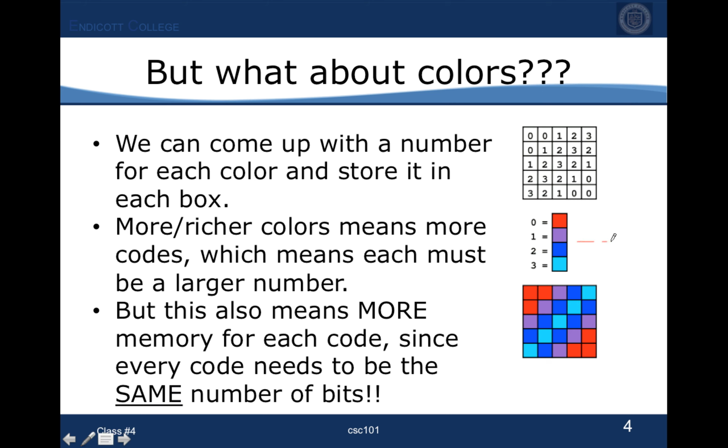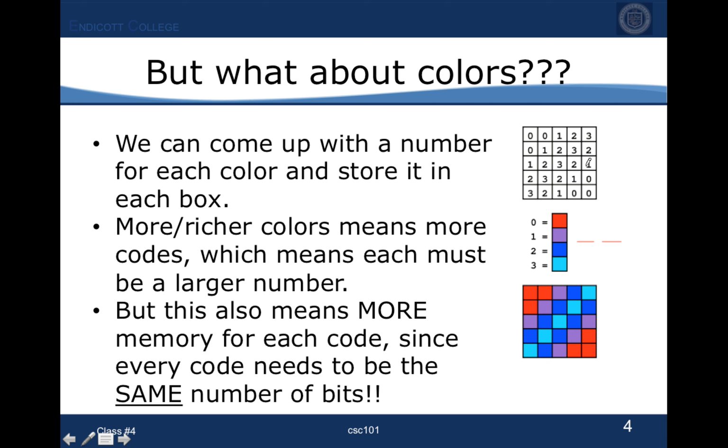I need to be able to represent the numbers 0 through 3. And you might remember, hopefully, that you need 2 bits in order to do that, right? I'd need all the codes: 0, 0 is red, 0, 1 is purple, 2 is 1, 0, and 3 is 1, 1.